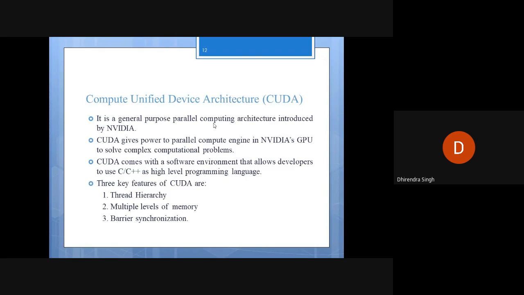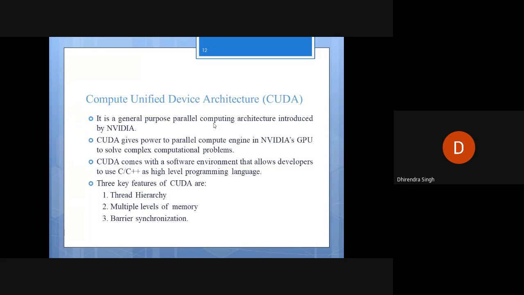You can arrange those threads. You create a group of threads that is called a block. Then a group of blocks is called a grid. Ultimately a grid of threads will be created, and this grid of threads will be given to the GPU for execution. So CUDA has a multi-level thread hierarchy.